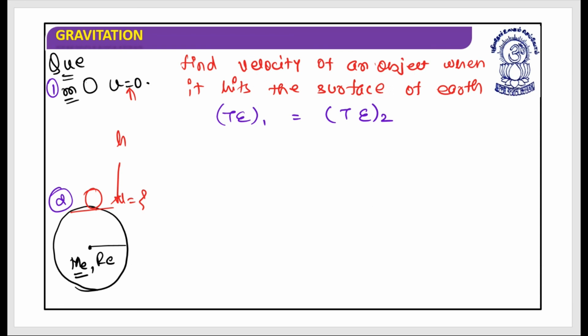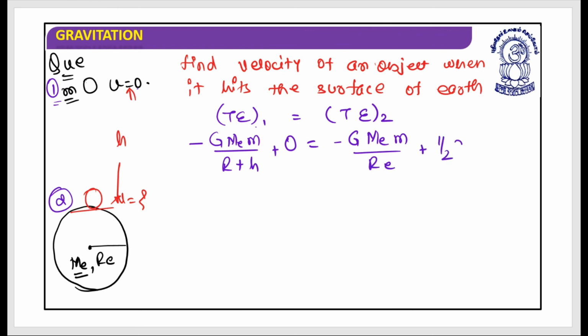When I say the total energy of the first is equal to the total energy of the second, I mean: total energy at this position is minus GMEM upon R plus H, plus kinetic energy, which is 0, equals the total energy at this point, which is minus GMEM divided by RE plus half mv square.